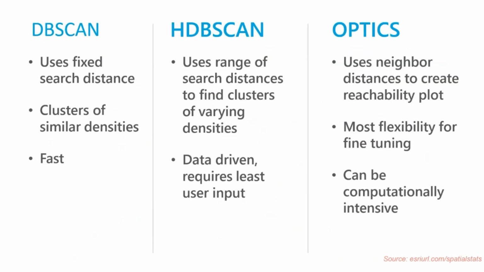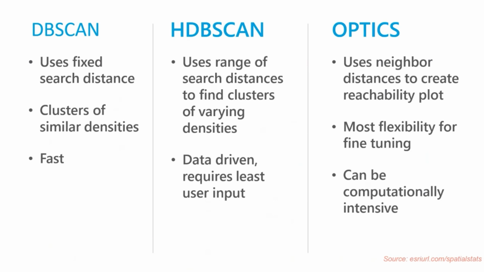To understand the key difference between these three algorithms, DBSCAN uses a fixed search distance, and it is good for identifying clusters of similar densities. Since the parameters are already set, this algorithm is much faster compared to the other two. Whereas HDBSCAN uses a range of search distances to find clusters of varying densities. It's completely data driven and requires the least input among these three algorithms.